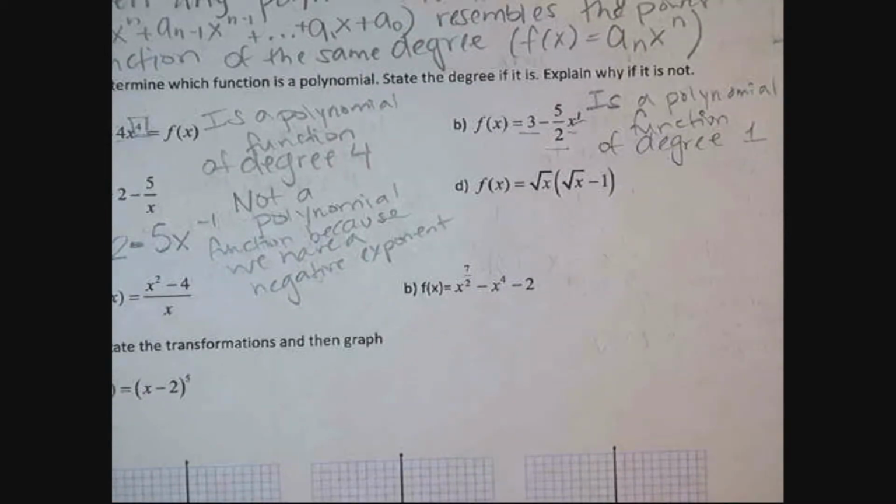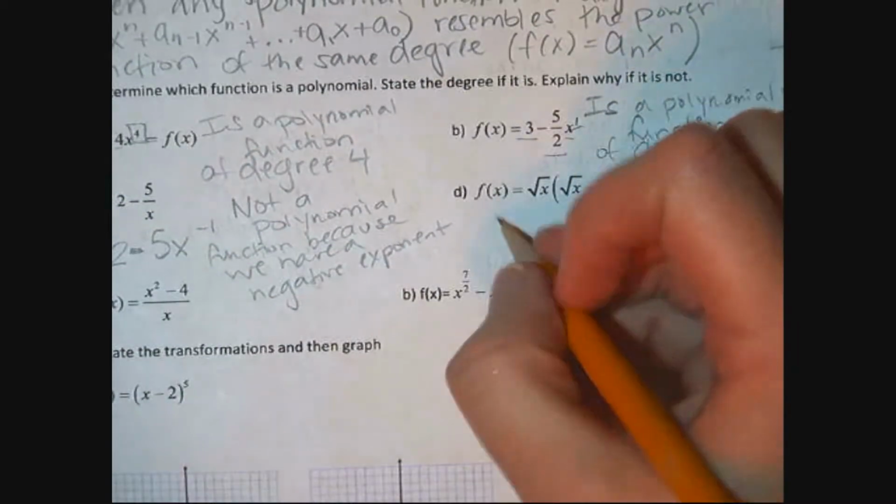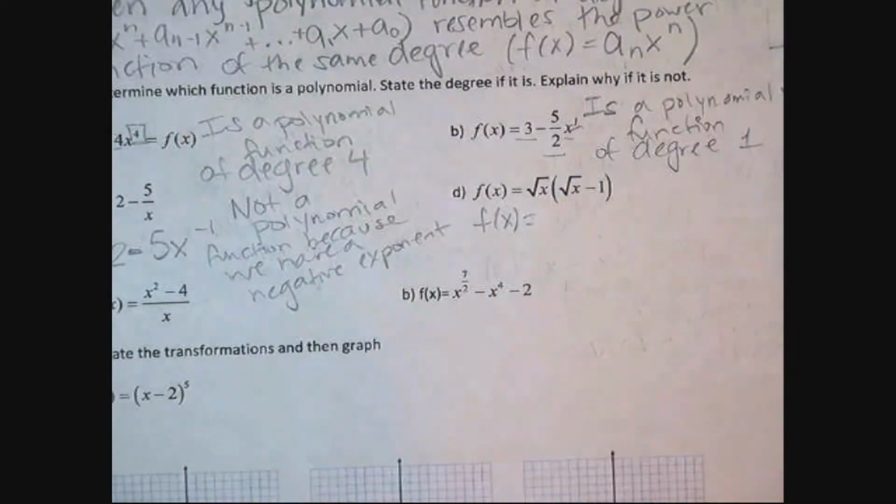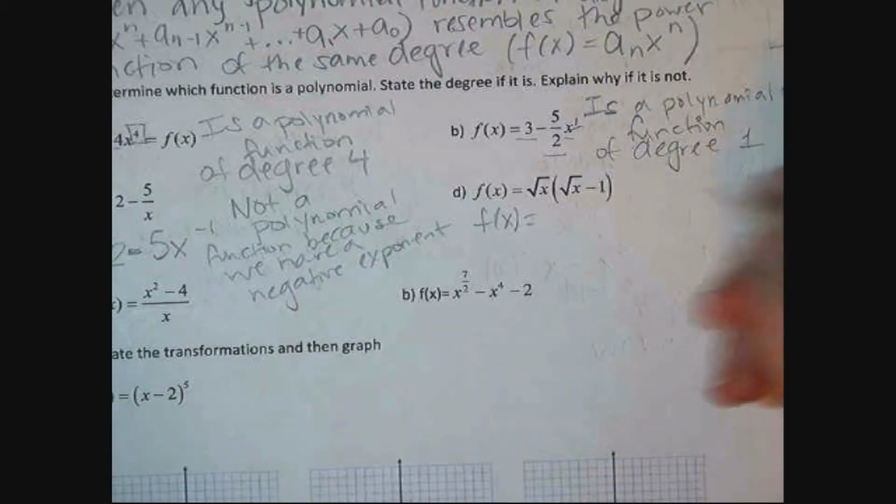Moving on to D. D is very difficult to see as it is now because we have two different parts that are being multiplied to one another. We also have this square root going on. Knowing our exponent rules, having the square root of an x, or anything for that matter, is the same as writing a fraction exponent.